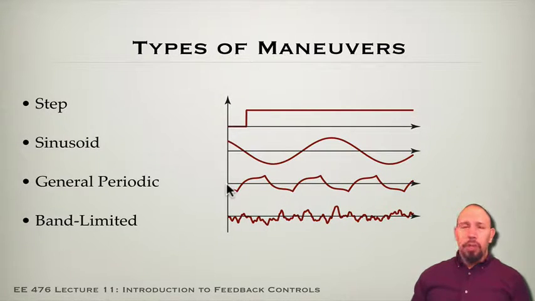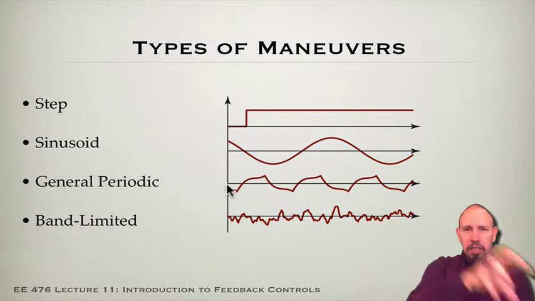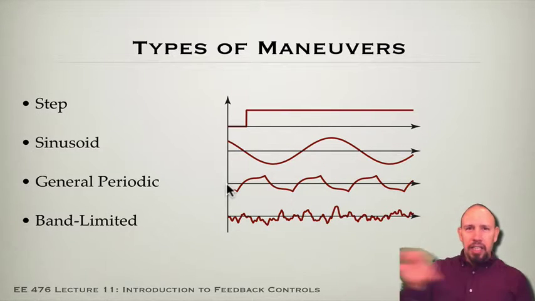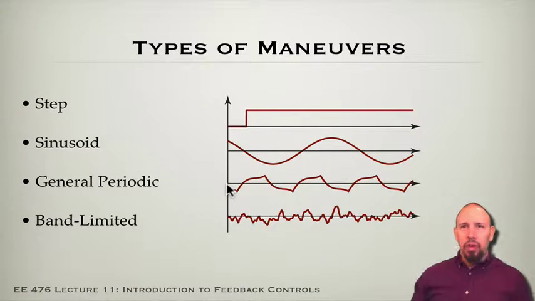So these kind of general periodic motions are used, for example, in robotics applications where the robot always does the same motions. It always goes, picks this up, puts it here, picks this up, puts it here, and it does the same repetitive motions over and over again.